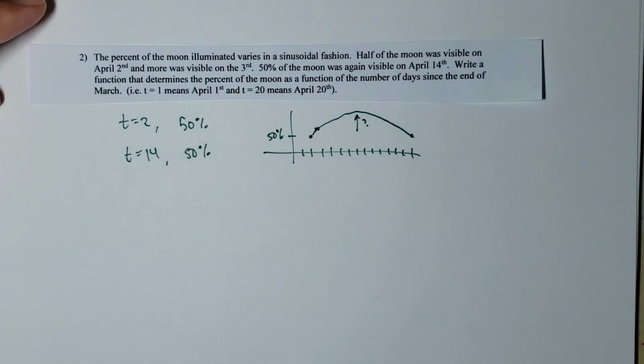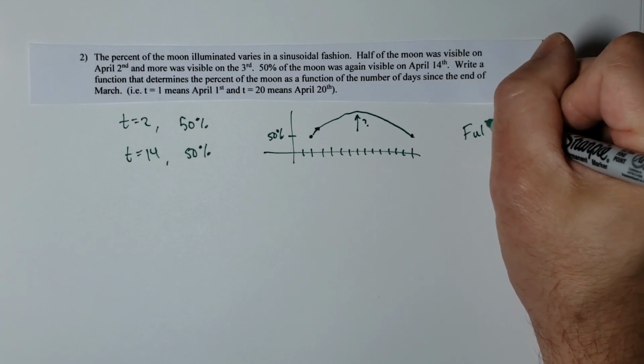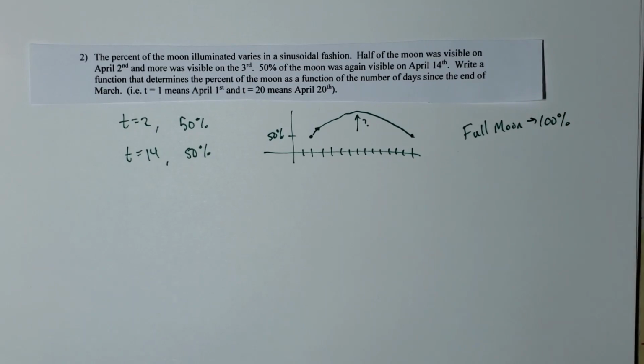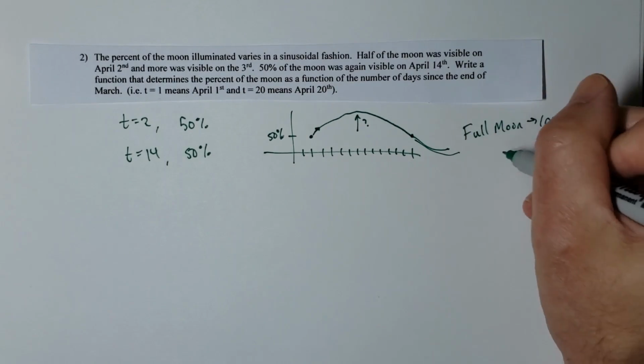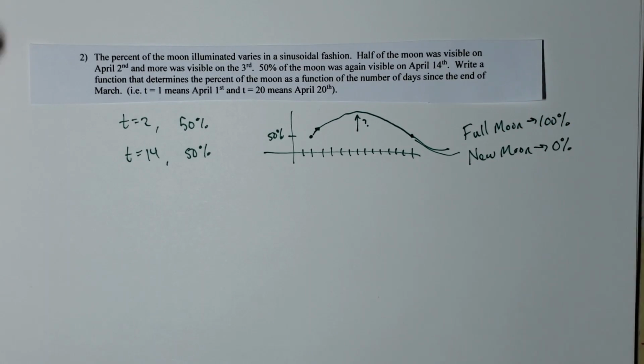How are we supposed to find what that is? Well, this is about the moon being illuminated, and hopefully you guys all recognize that at some point there is a full moon, which means 100%. Okay? And then also as it goes down, eventually there's a new moon, which is 0%.